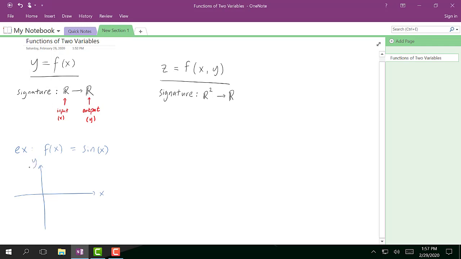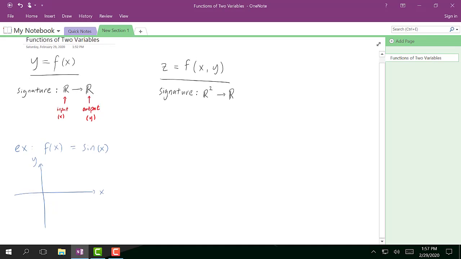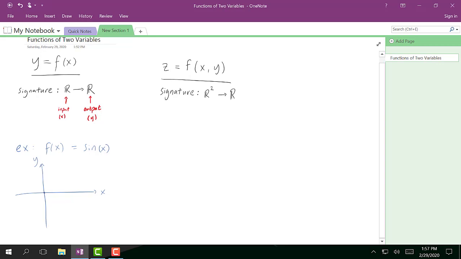And so we say that our input space is just the set of real numbers. It's just this x-axis. And so we put in one value x, and we get out another value y. So if I plug in x equals 0, I'll get y equals 0. If I plug in x equals pi over 2, I'll get 1. And then you can fill in the rest of it. You should hopefully know what the graph of sine looks like, something like this, and so on and so forth.